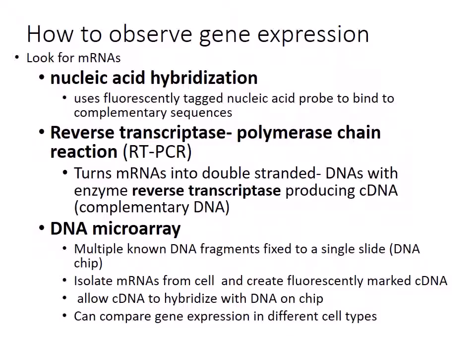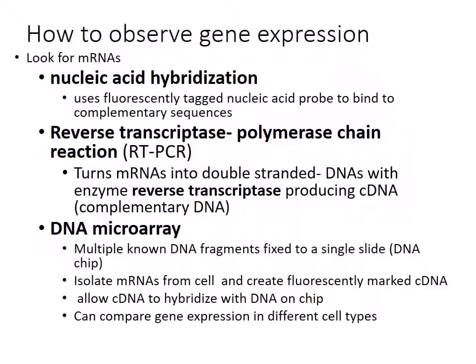They can also use reverse transcriptase polymerase chain reaction, which is totally a mouthful to say, but it's called RT-PCR. We previously talked about polymerase chain reaction, or PCR, which was used to make a whole bunch of copies of DNA from DNA. In this case, with RT-PCR, if we think about what transcription is, going from DNA to RNA, then if we did that in reverse, it would be going from RNA to DNA.